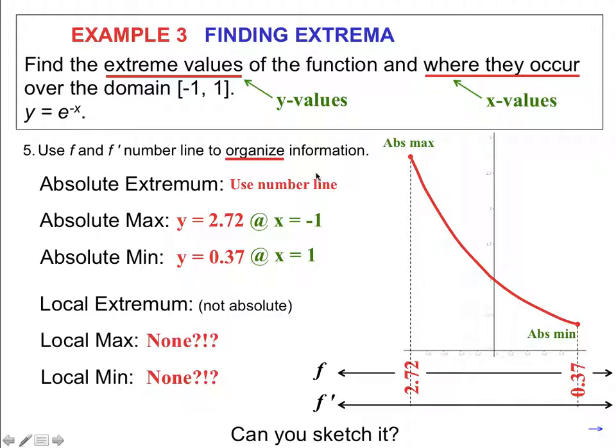We're going to figure that out as we go into section 2. But for right now, for this example specifically, we know it curves like this. This is a decay sort of curve, where an e to the positive x would be an exponential growth.